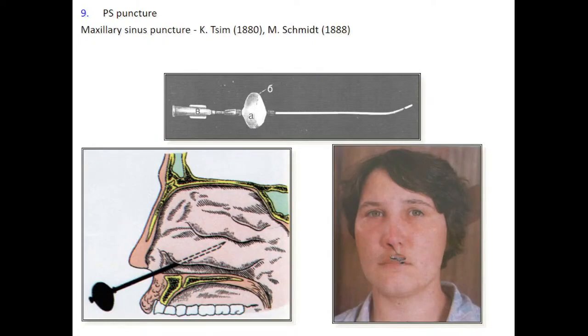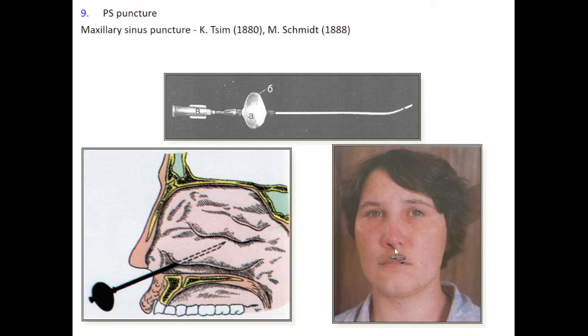Sometimes we use, but it's more widespread in the context of the former Soviet Union, puncture of the maxillary sinus. It's a special needle, the Kulikovsky needle, and we use it for draining the maxillary sinus through the inferior nasal meatus.